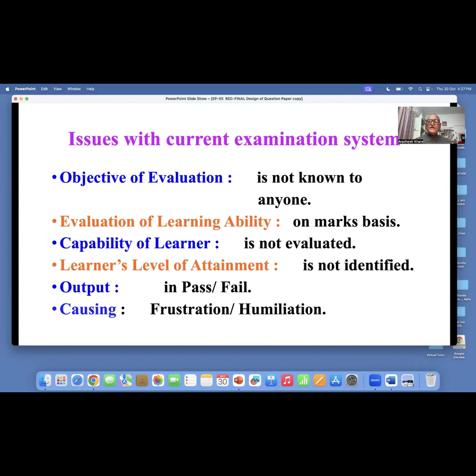The learner's level of attainment is not identified. Output is only in terms of head and tail, that is pass or fail. So whether the student passes or fails the examination, it causes frustration and humiliation among the students.